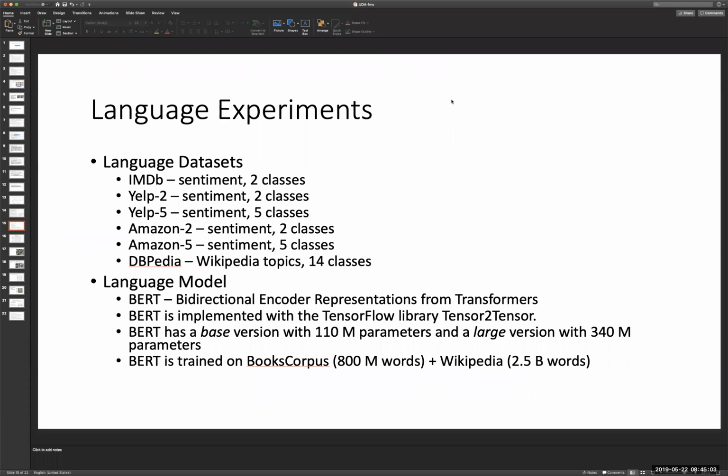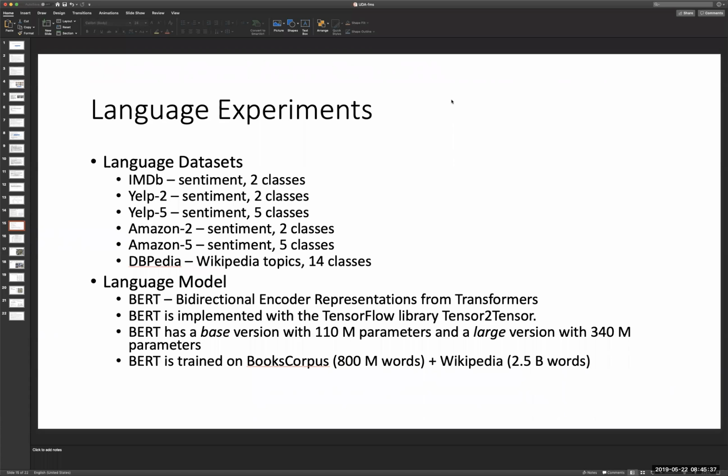So briefly, the first 5 are sentiment tasks. IMDb is 2, maybe just positive or negative sentiment. So 2 versions of Yelp, like a binary version and maybe a 5-class version, which is perhaps stars, maybe a number of ratings. Amazon, similar. And then finally, we have the DBpedia, which is based on Wikipedia topics, and that has 14 classes.